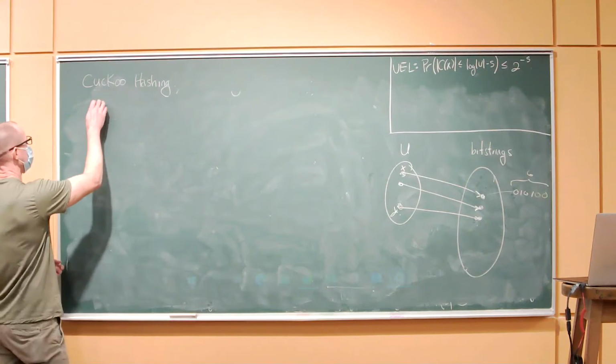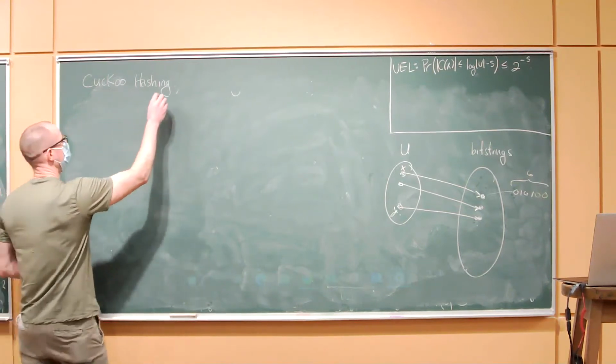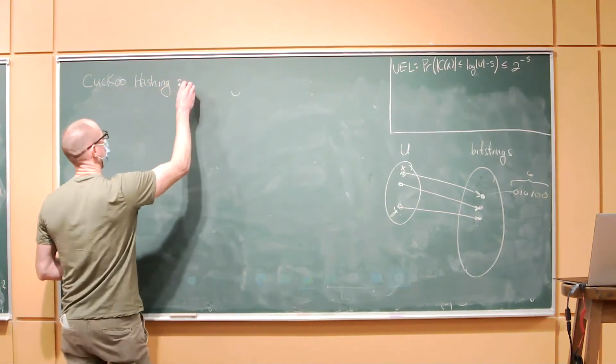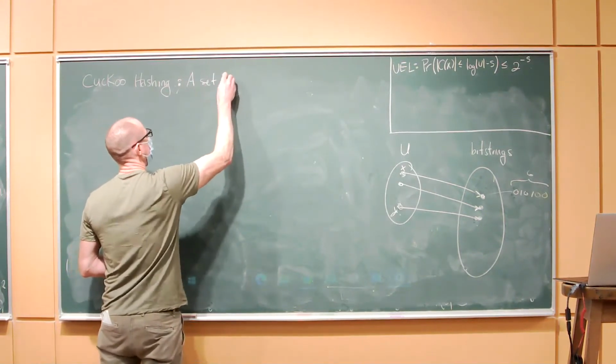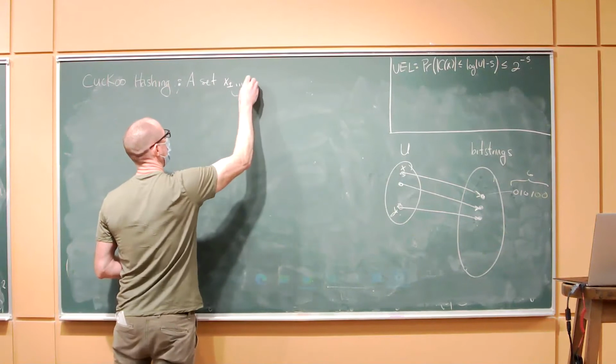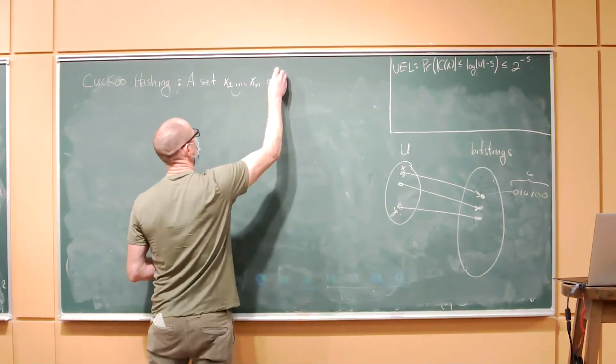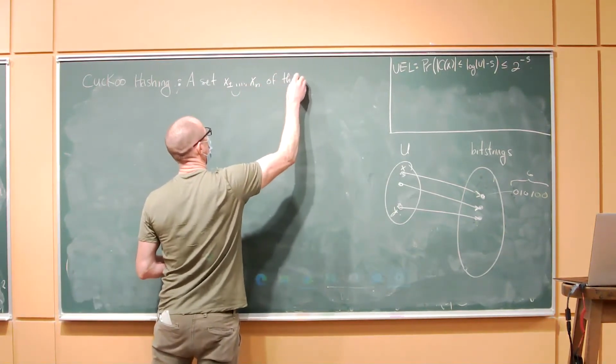So what's cuckoo hashing? Here's the setup. We have a set x1 to xn of things we want to store.